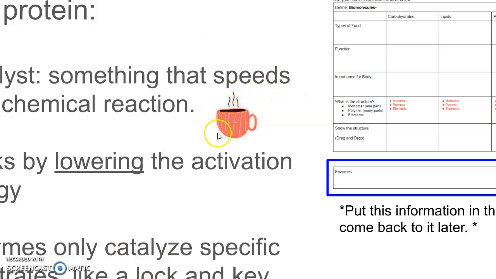So you can think of it as when you get out of bed, you can get out of bed, but it's not very efficient unless you have some coffee, especially me. I love coffee, so I definitely use coffee to get out of bed. It's my motivation. So enzymes help speed up that reaction. It helps speed up what is necessary for your body to process biomolecules.